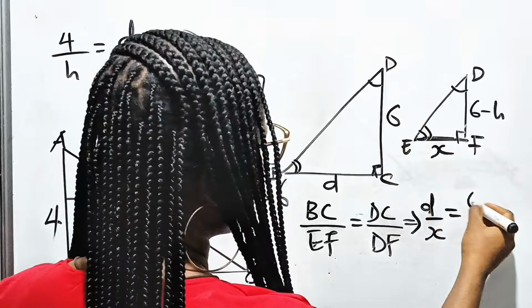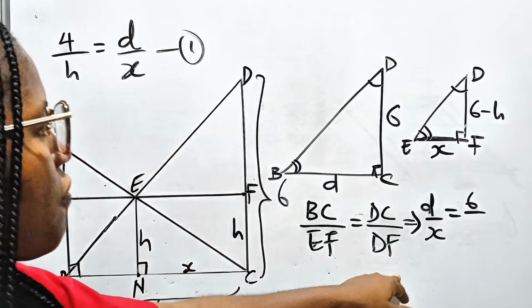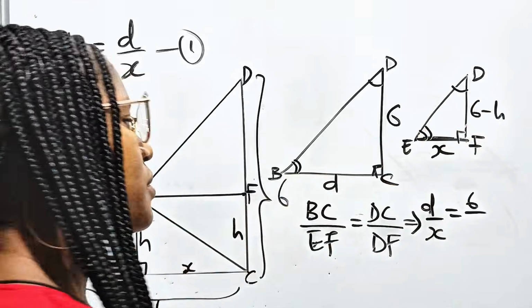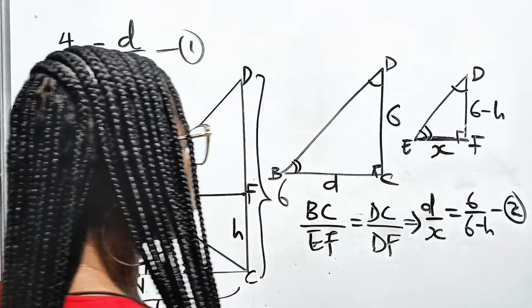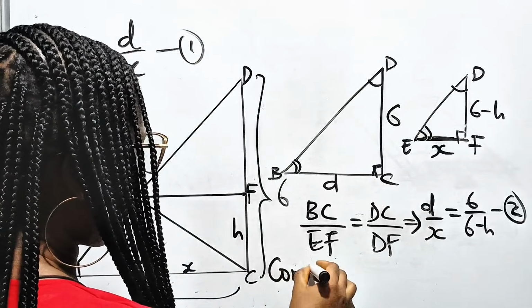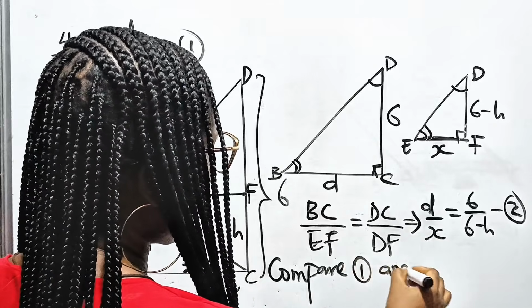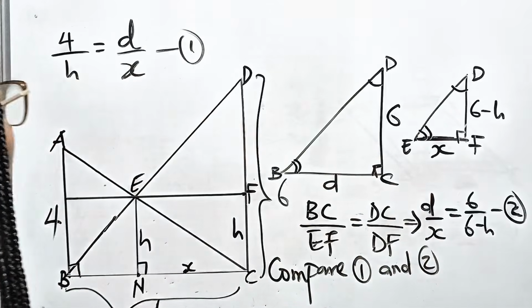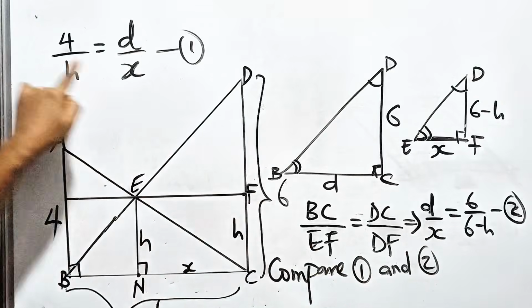DC is 6, and our DF is 6 minus h. Now let's call this equation 2. Now I want us to compare equation 1 and equation 2. So if we compare equation 1 and equation 2, this is our equation 1.